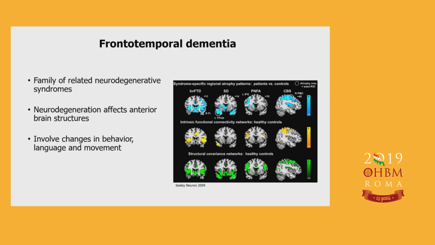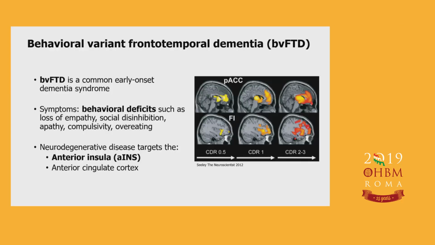So in my research, I'm interested in a family of related neurodegenerative syndromes that fall under the umbrella term of frontotemporal dementia. What the syndromes have in common is that, depending on where the atrophy is found, whether in the insula or in the temporal pole or in the inferior frontal gyrus, these atrophy patterns can tell you which symptom the patient is going to manifest, whether it's a behavioral syndrome, a language syndrome, or a movement syndrome.